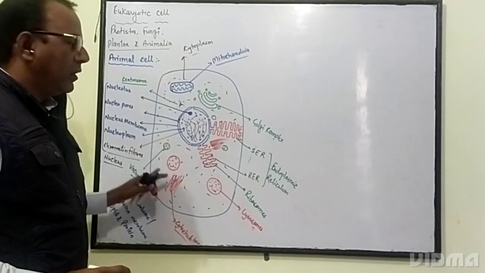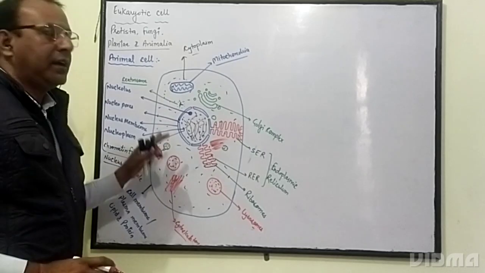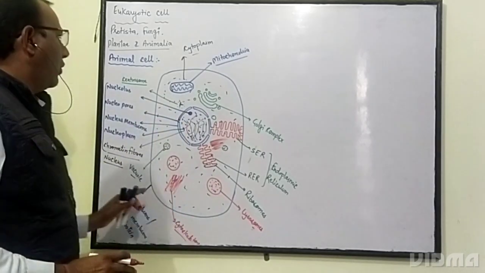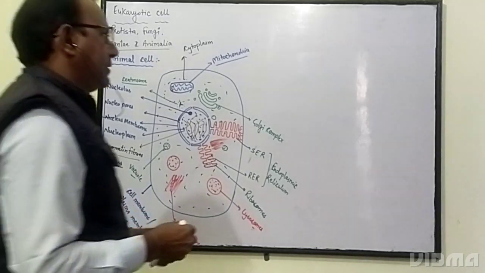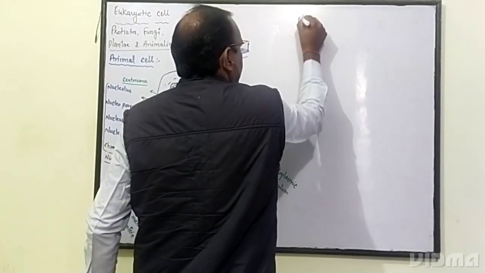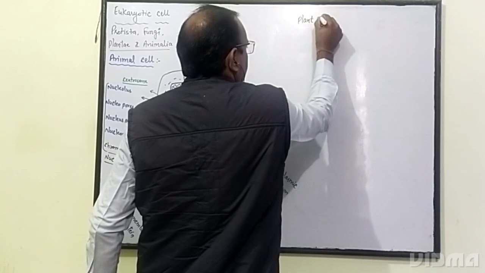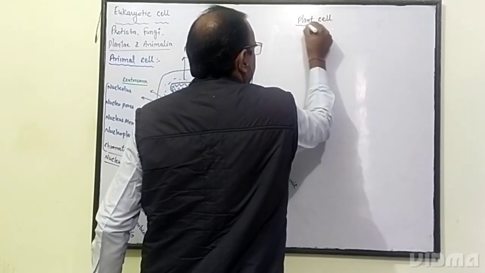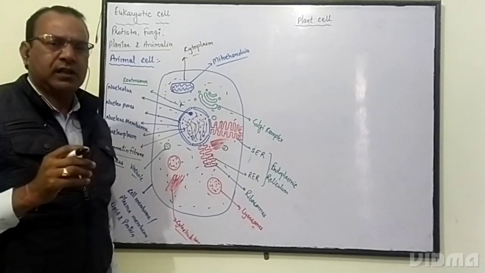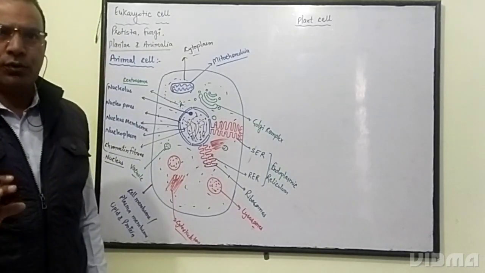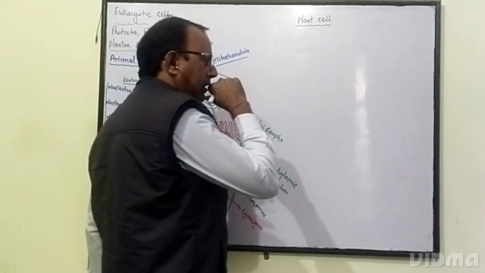These are some of the organelles present in animals, and this is the structure of an animal cell. The next one is the plant cell. Plant cells have many types of structures, such as polygonal and hexagonal. We will take the hexagonal structure of the plant cell.